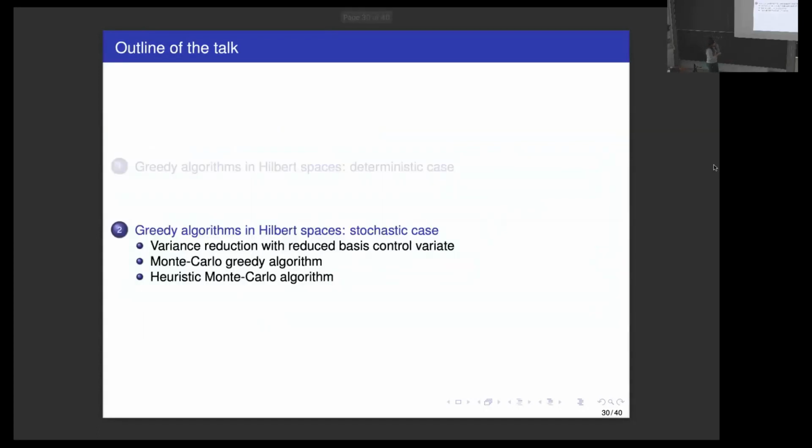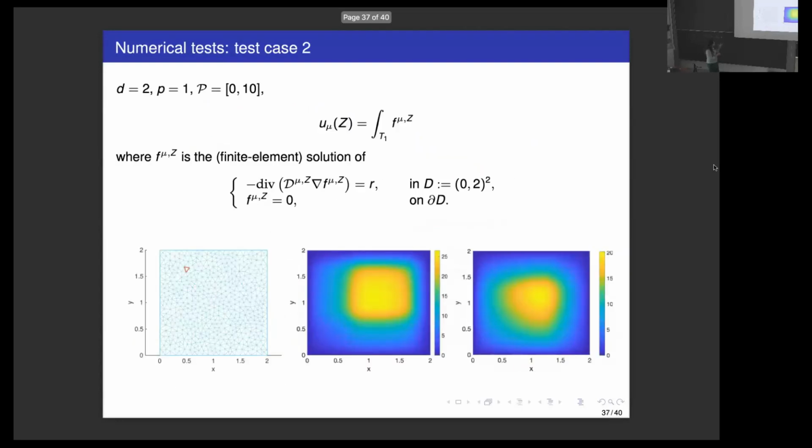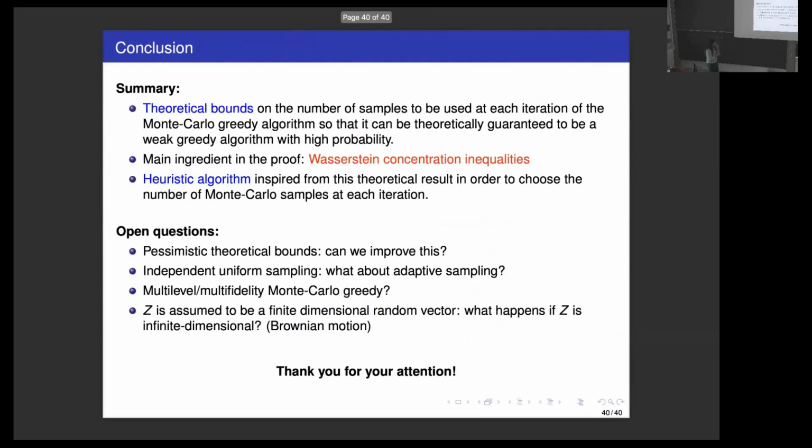So that's the reason why we developed a heuristic Monte-Carlo algorithm for which there is no theoretical guarantee, but which seems to work in practice on the examples that we tried. I'm not going to talk about it for the sake of time.